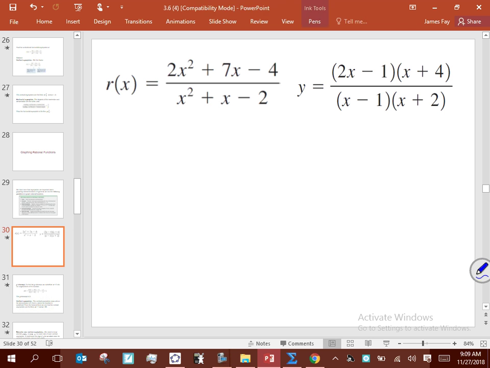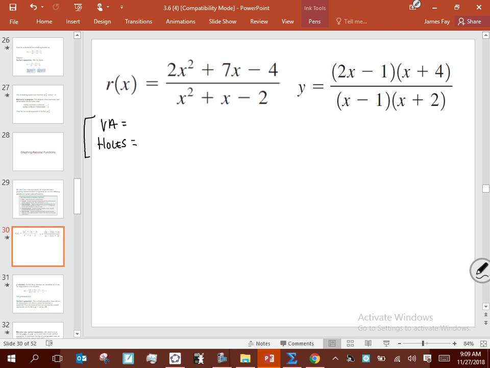Okay, now, we might come down to a T-chart here in a little bit. This is the idea. I'm going to write this stuff up here on the board every time that we do one of these. I'm going to try to figure out what my vertical asymptotes and my holes are, okay? And those two things do go together, okay?